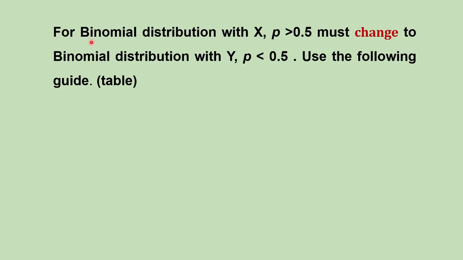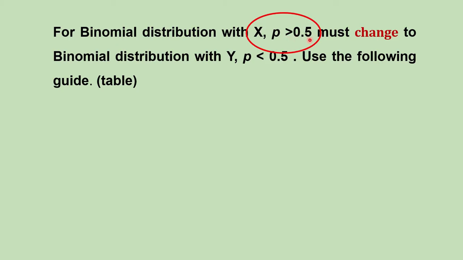We continue for the next part. That is for binomial distribution with the random variable x where p is more than 0.5. To answer this question, you cannot read the table because your table gives the value for p less than 0.5.